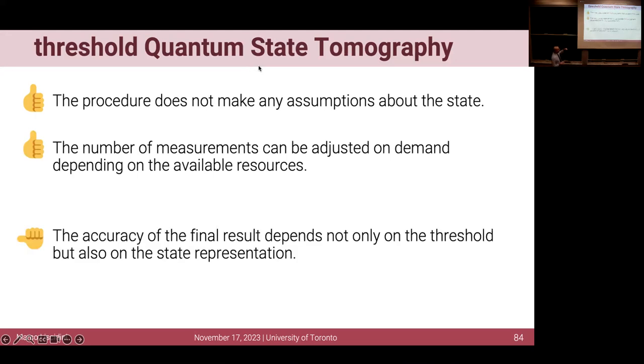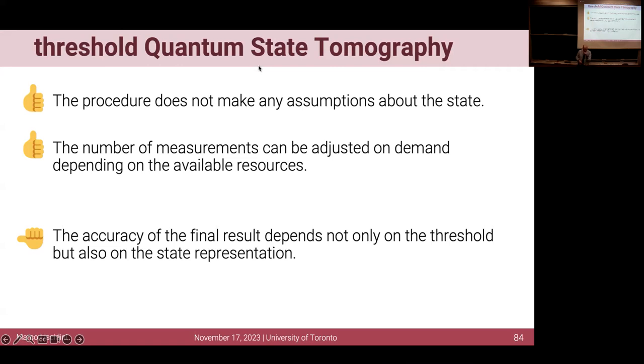The downside, but if you want, it's not completely a downside, is that, of course, the accuracy of the final results depends not only on the threshold, but also on the state representation, which is the density matrix I'm going to reconstruct, okay? Because you take the same state, you change the basis, and the representation can be sparse or not, obviously.